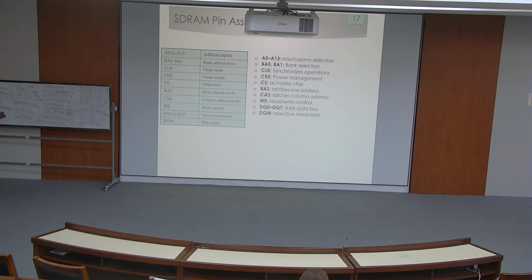The next pin is the write enable, which is there to control read or write. Now, the next pin is the data input, which has an 8-bit data bus, and we have also the data mask pin. This is for selective read or write operation.